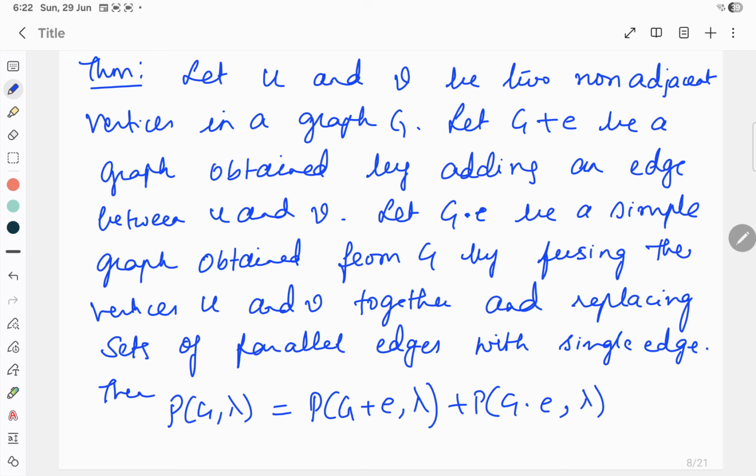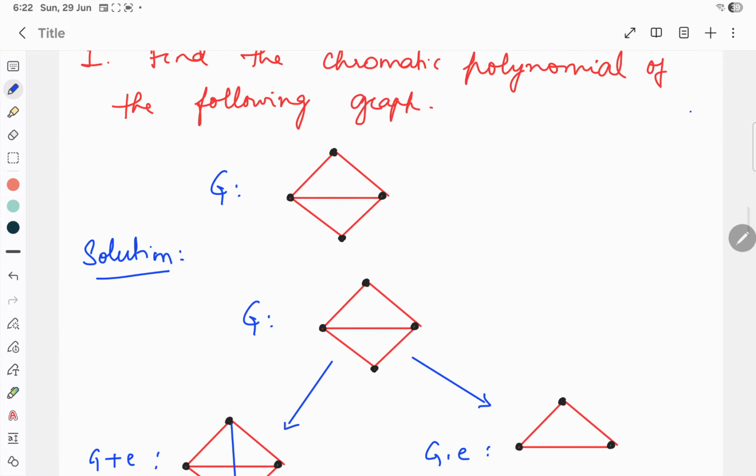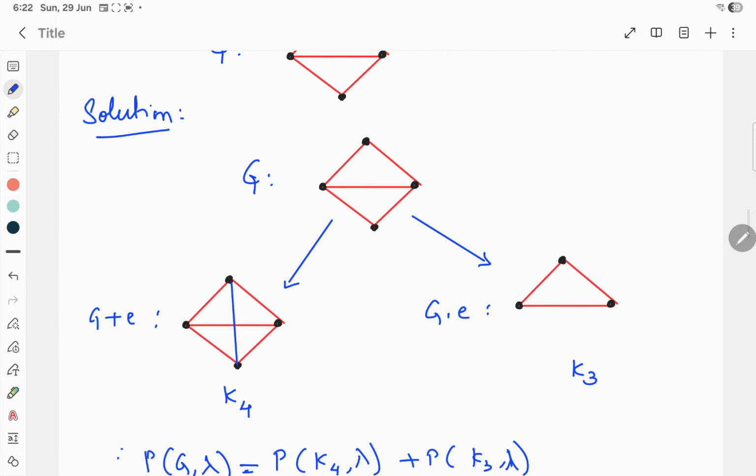Now, on the other hand, you just fuse those two vertices u and v and make them a single vertex, and remove all the parallel edges. So that is your G into E. When we apply that, this is what we get.